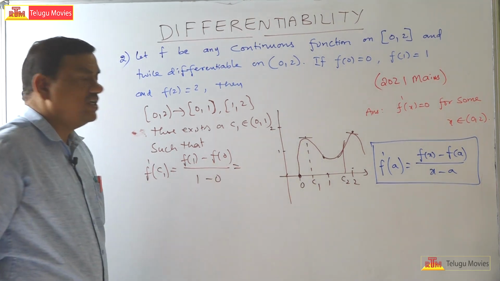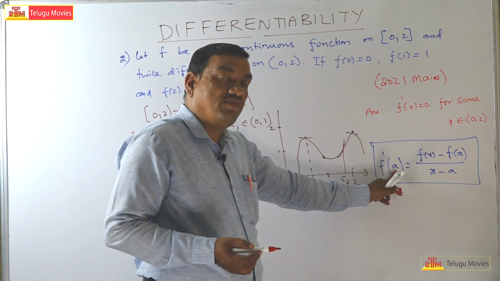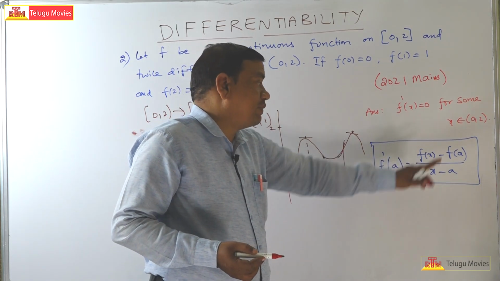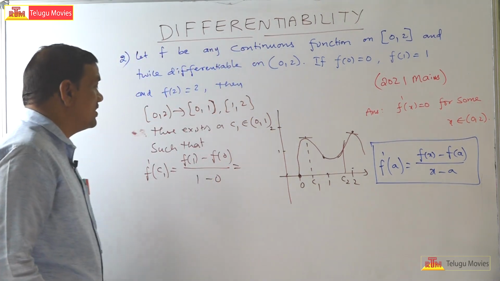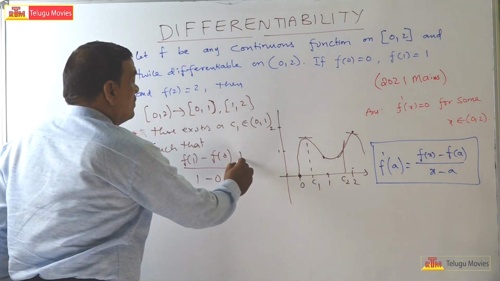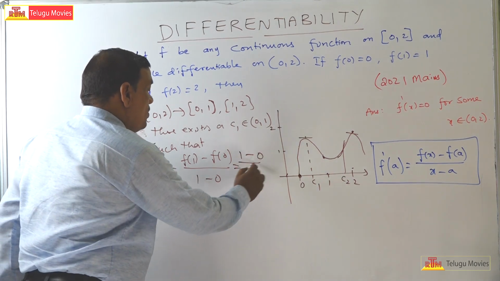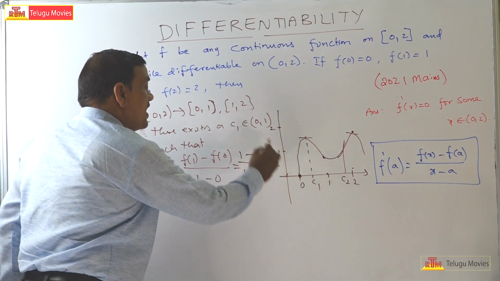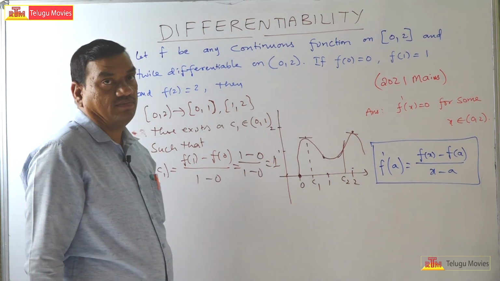We know the derivative formula, f dash of a is f of x minus f of a by x minus a, and the same formula I have applied here. f of 1 is 1, f of 0 is 0, upon 1 minus 0. This value is 1, so f dash of C1 is 1.